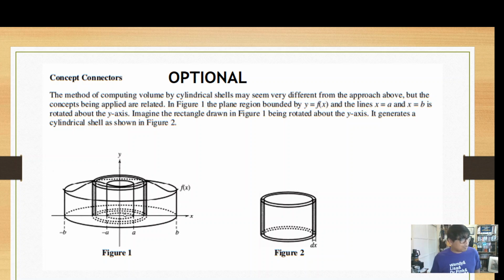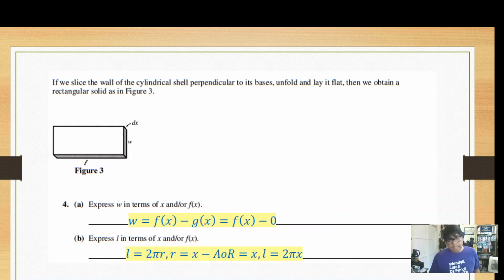So for this one, the radius of this shell is going to be the x-coordinate minus the axis of rotation. So the length of this shell cross-section is going to be 2 pi x. Notice that the radius is x minus the axis of rotation, which in our case is just equal to x. So L is 2 pi x. Okay, still with me? Let's keep going.